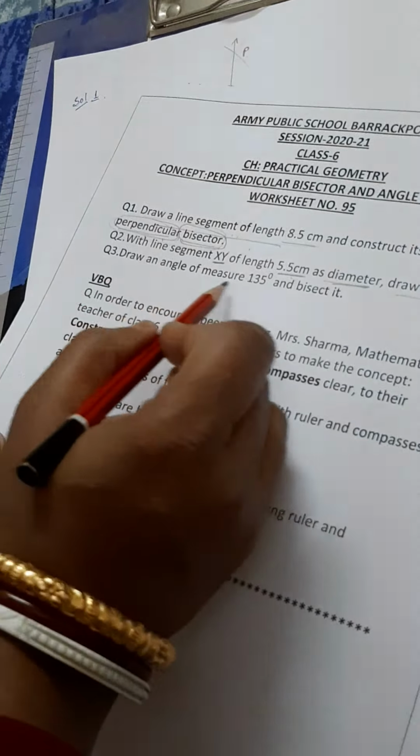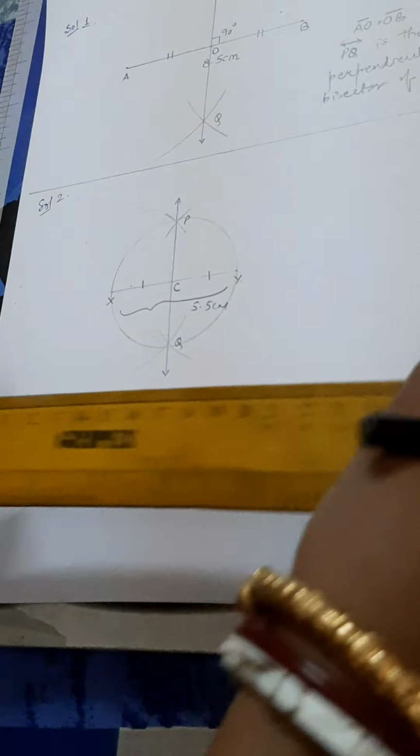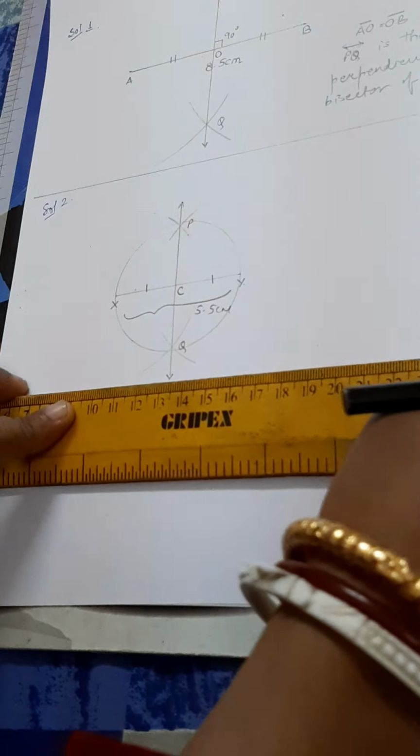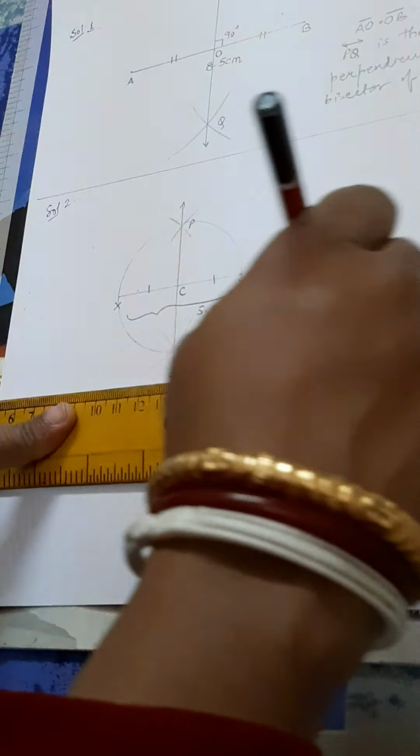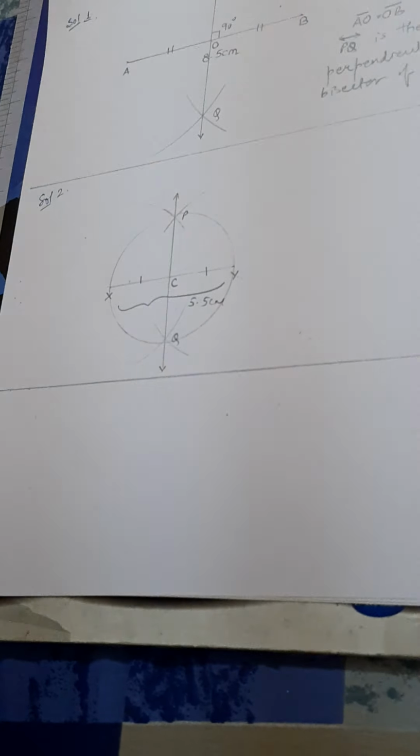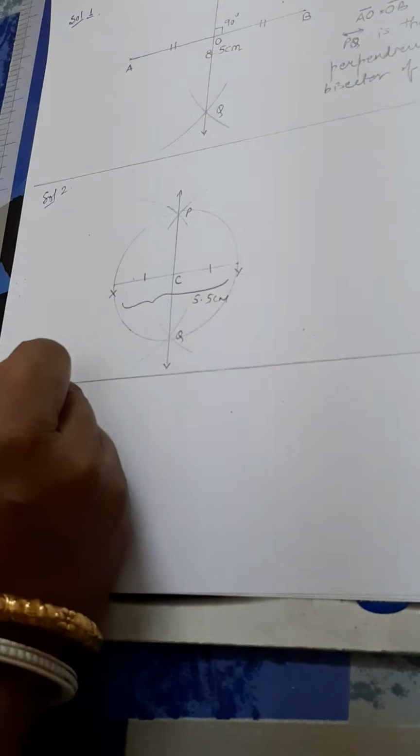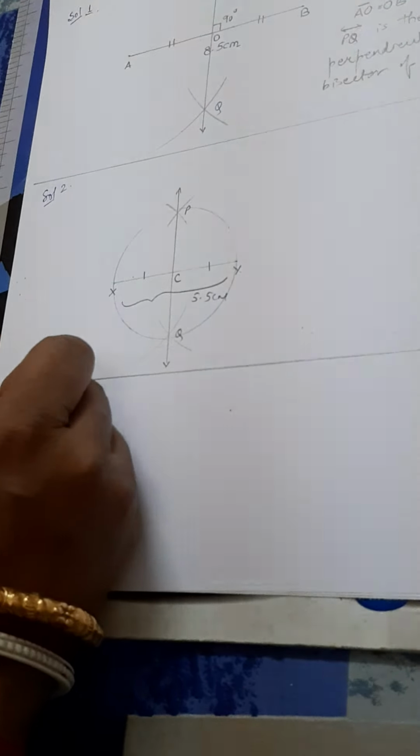Now let us see the next question. Draw an angle of measure 135 degree and bisect it. Okay, so let us do the next one. Solution number 3. Naturally, I will be using the protractor. So we will be drawing a line first.